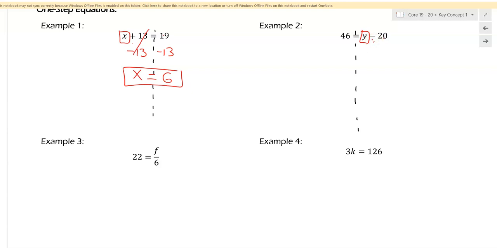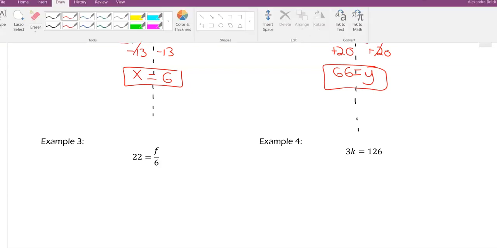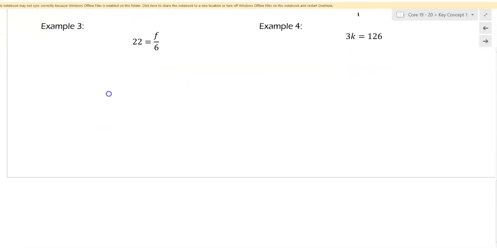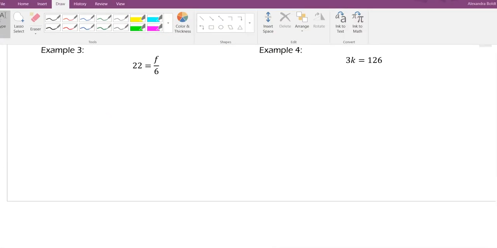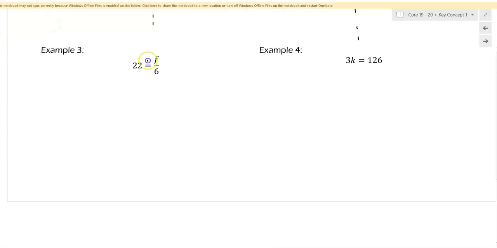I'm going to add 20 because addition is the opposite of subtraction. 46 plus 20 is 66. Bring down the y, those cancel. 66 equals y. Done.